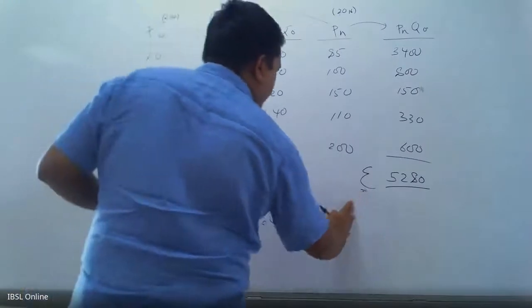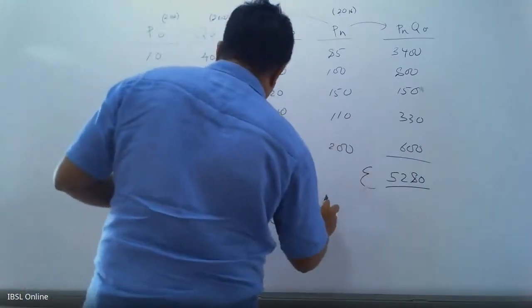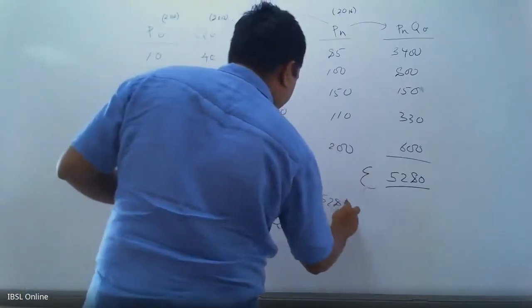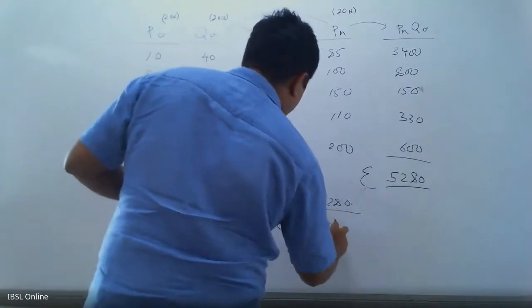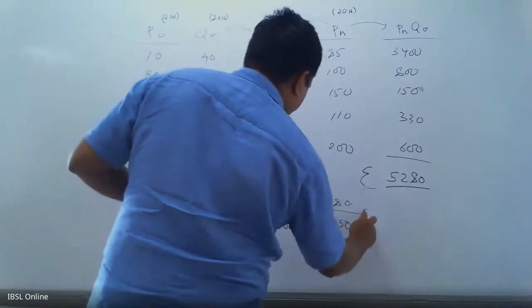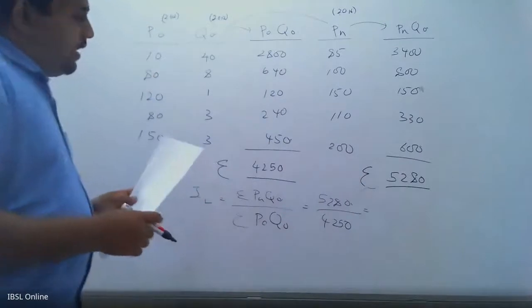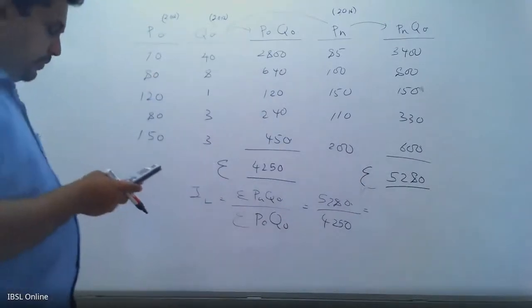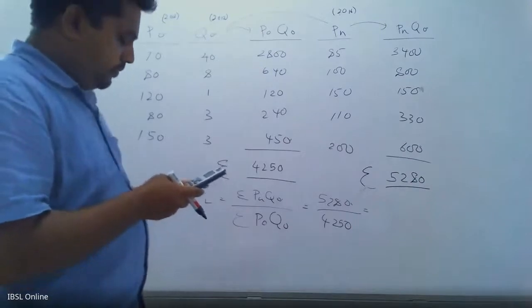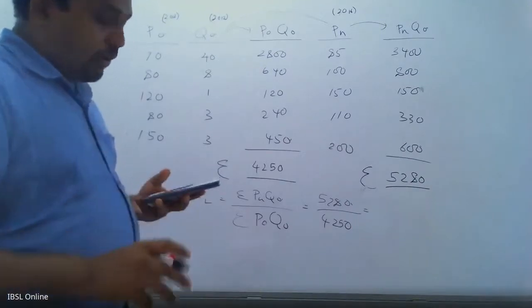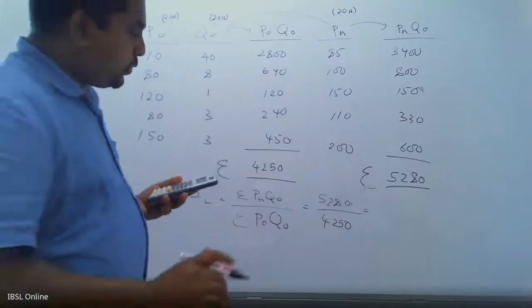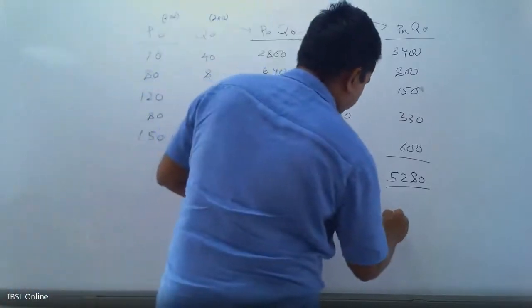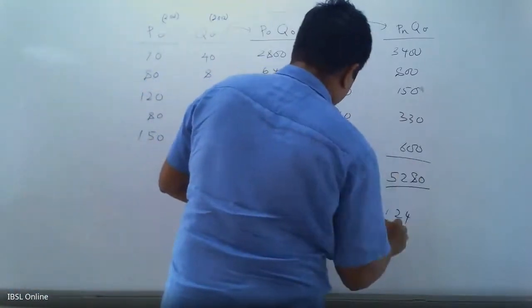I have these values: 5,280 divided by 2,250. Now this should give me a value close to 1.2423.